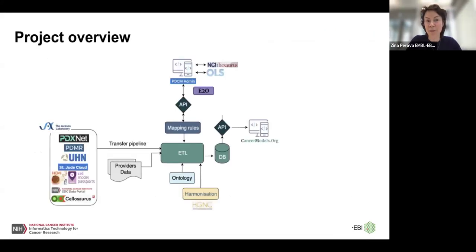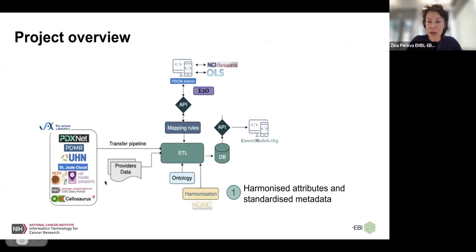So I'd like to give you the quick project overview and how specifically we address the challenges highlighted in the first part of my talk. So we provide harmonized attributes and standardized metadata from multiple resources that have cancer models.